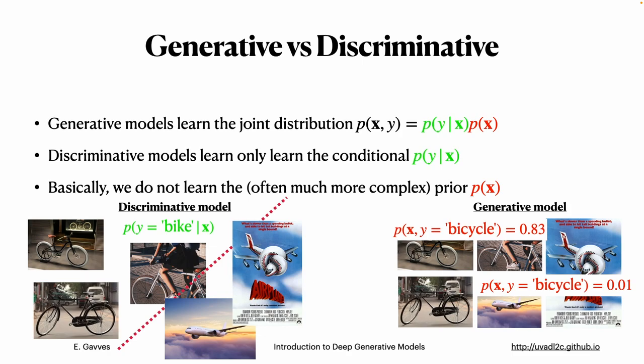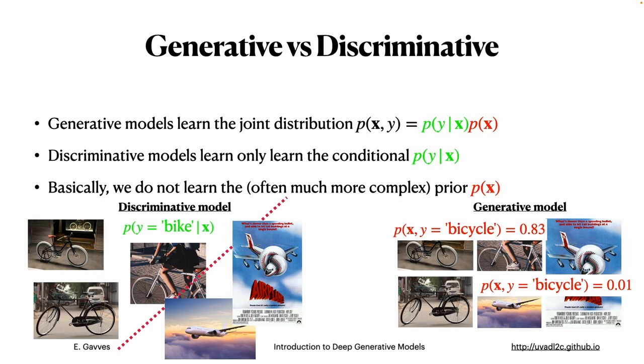So, from a modeling perspective, as far as technical components go, discriminative models do not have to learn, or do not require, the prior P(X). And this prior can be a very nasty thing, because basically you're asking what is the likelihood for all images.